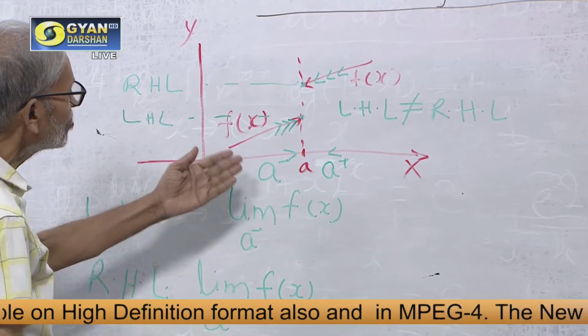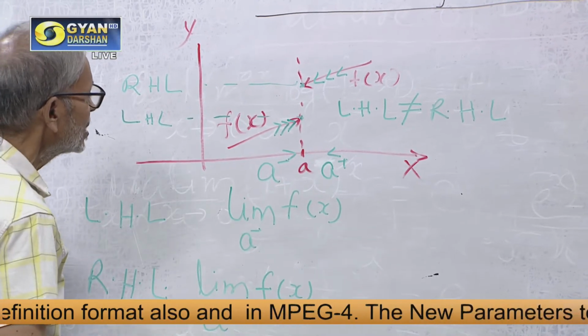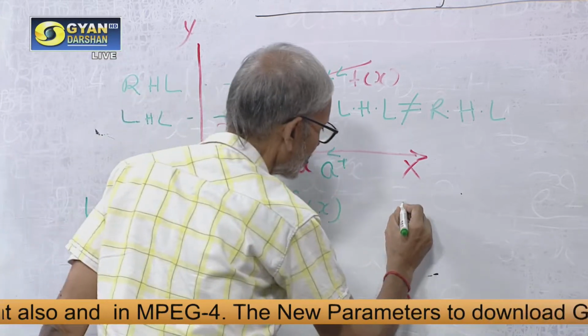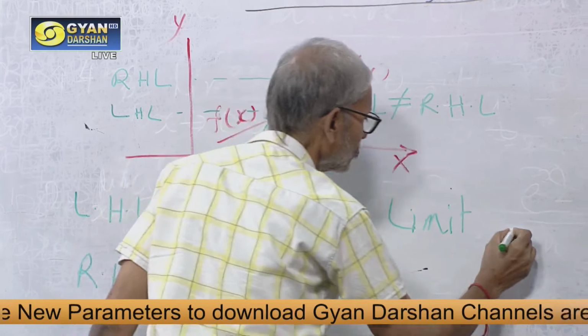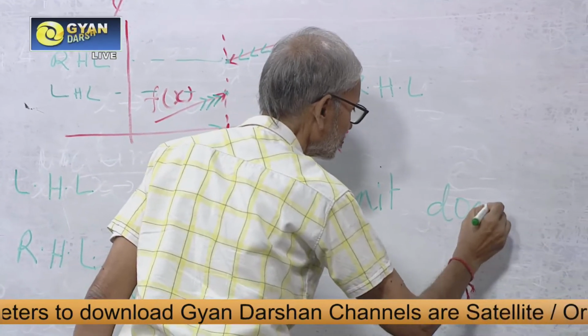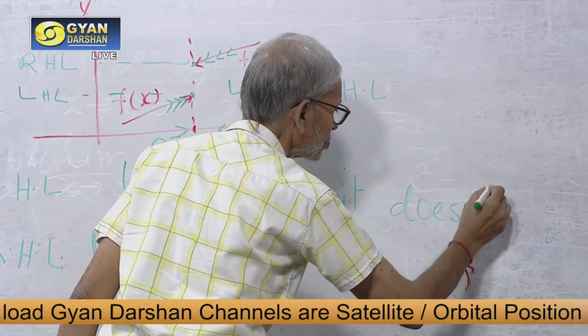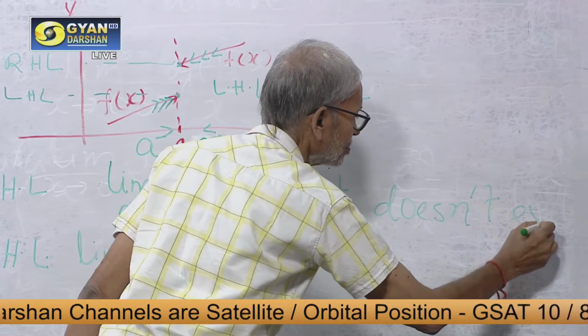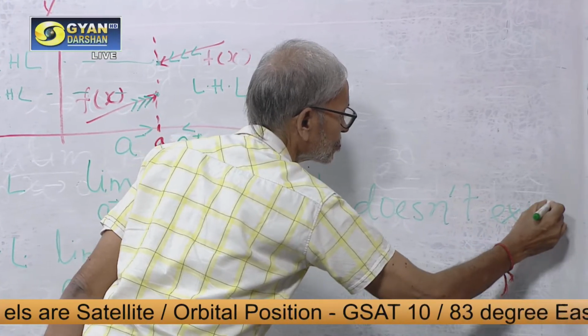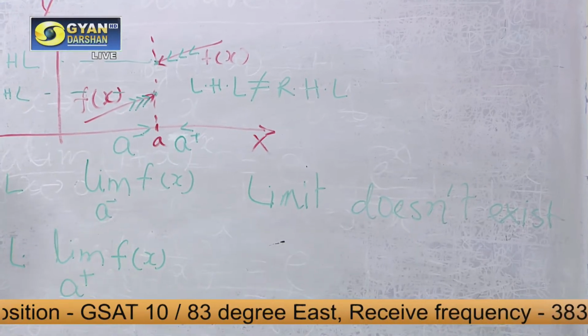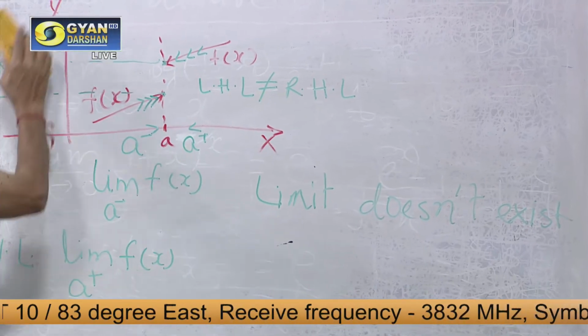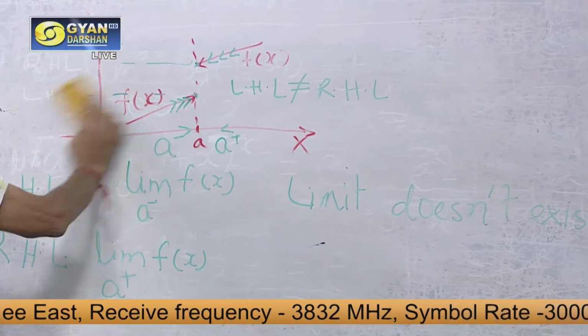If these are not equal, we say that limit does not exist. Now, let us see another case.